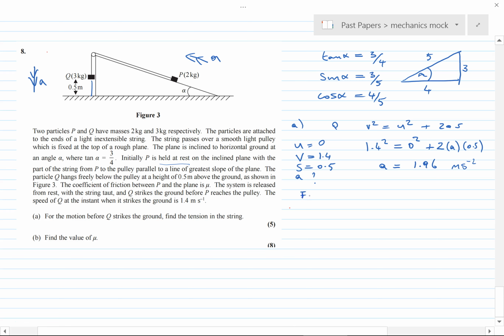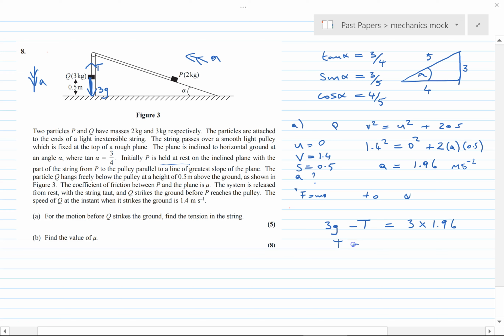So if we apply F equals ma to Q, if we look at the forces on this, we've got 3g going downwards and T going upwards, and it's accelerating downwards. So apply F equals ma in the direction of the acceleration. We get 3g minus T is equal to 3 times 1.96.